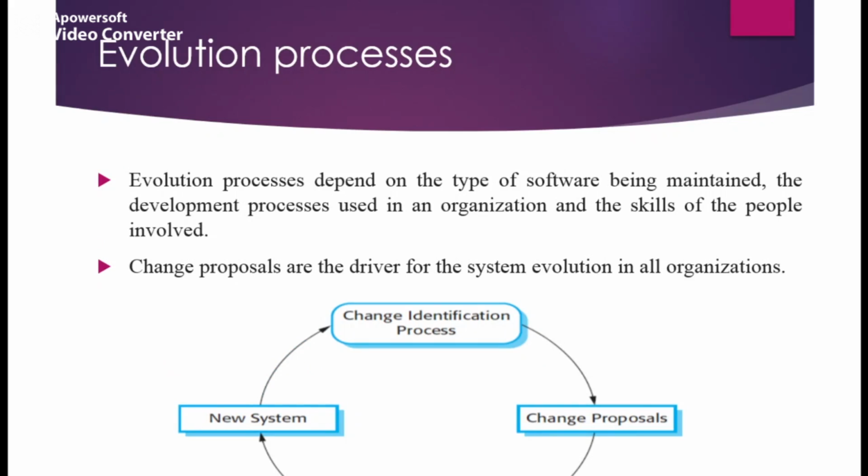Now we'll see the evolution processes. Evolution processes depend on the type of software being maintained. Whatever evolution processes you have mainly depend on the type of software which you are going to maintain, and also on the development processes used in an organization, and also on the skills of the people involved.